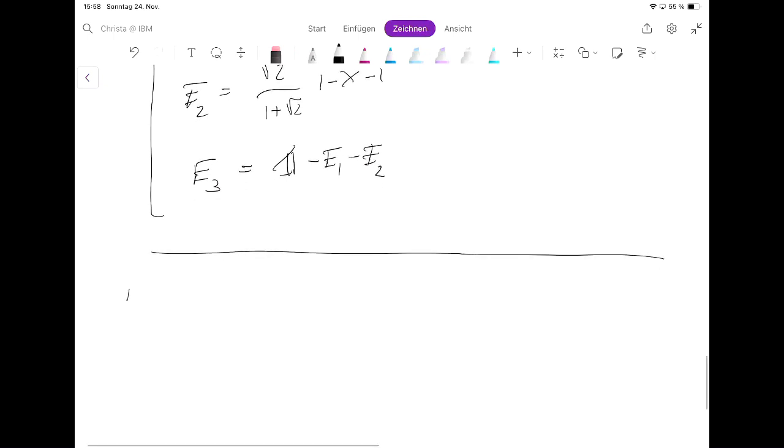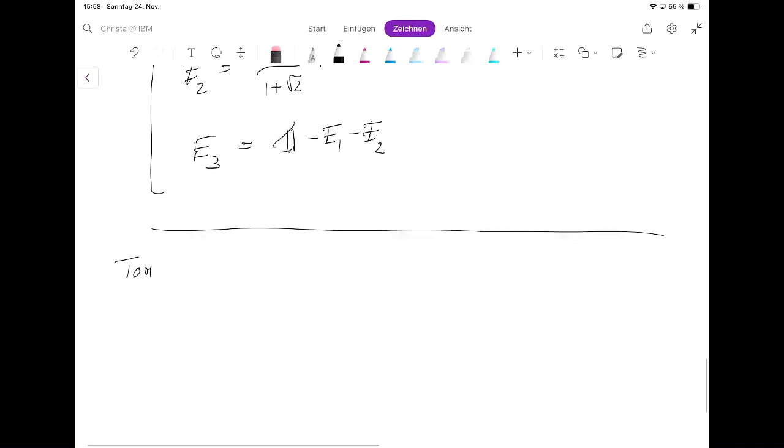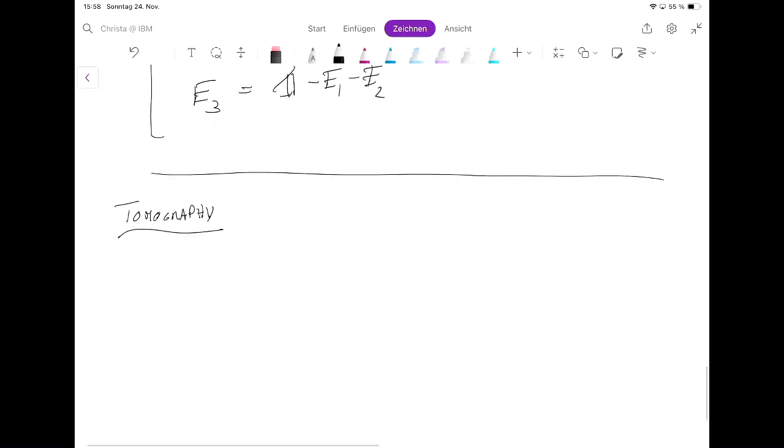Okay, and this is going to be useful because it will help me introduce another concept that we are going to need later on. So state tomography is, as the name says, the task for you to fully reconstruct the density matrix of a system.